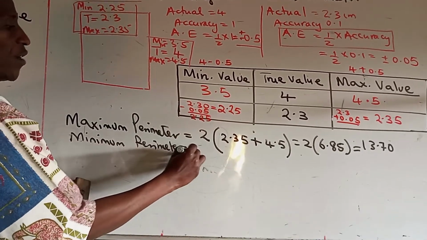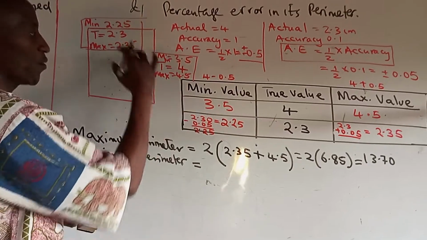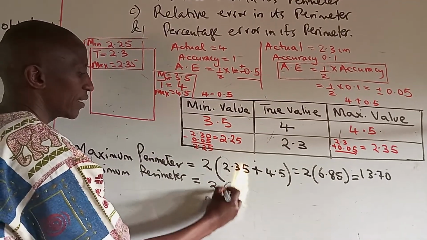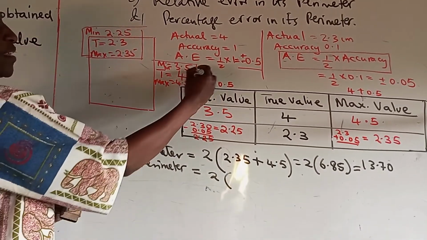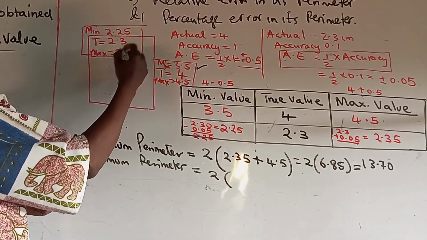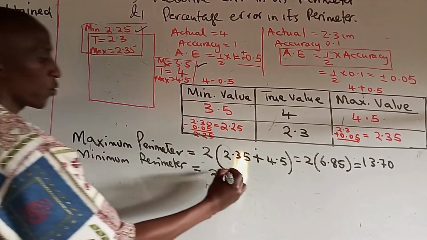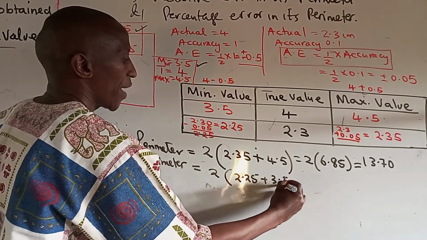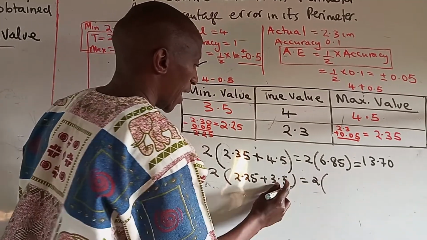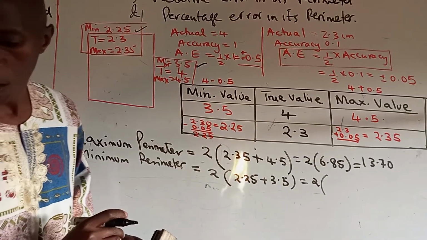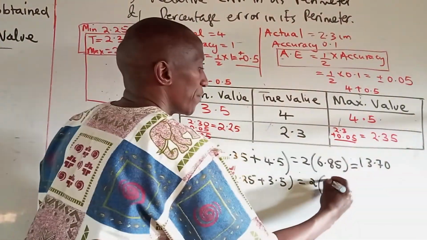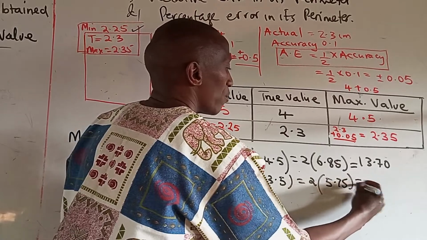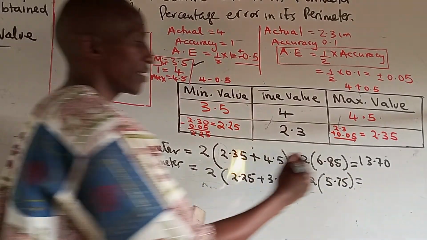We obtain this one from the minimums of each of the two. So twice we select on the minimum. Here the minimum is 3.5. The minimum here is 2.25. So 2.25 plus 3.5 gives us 5.75, and then multiplying that by 2 gives us 11.50.